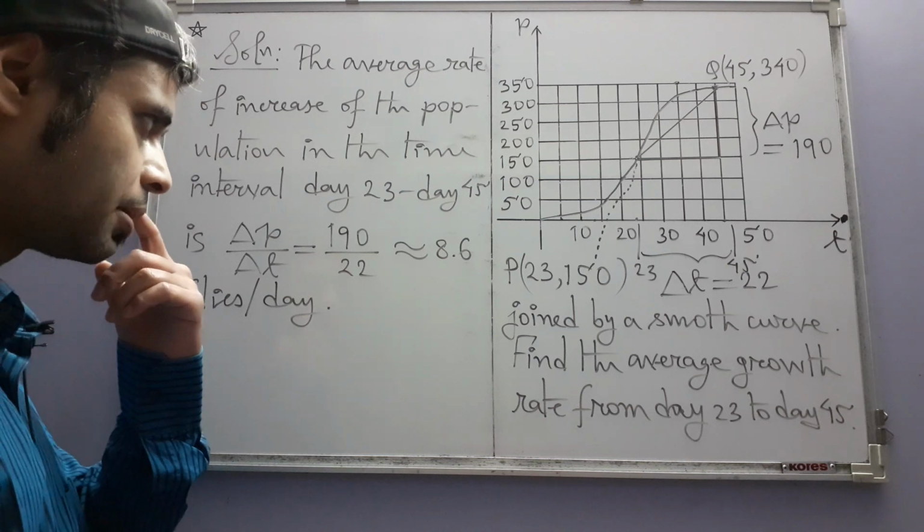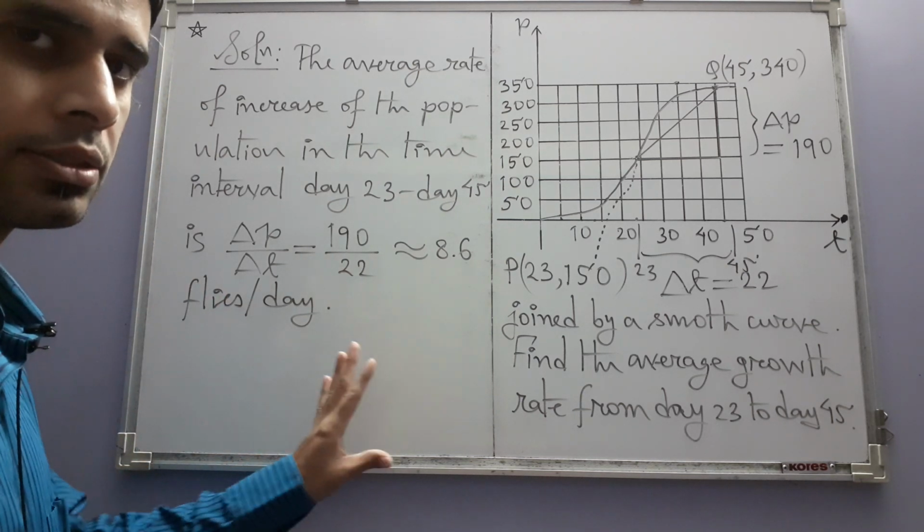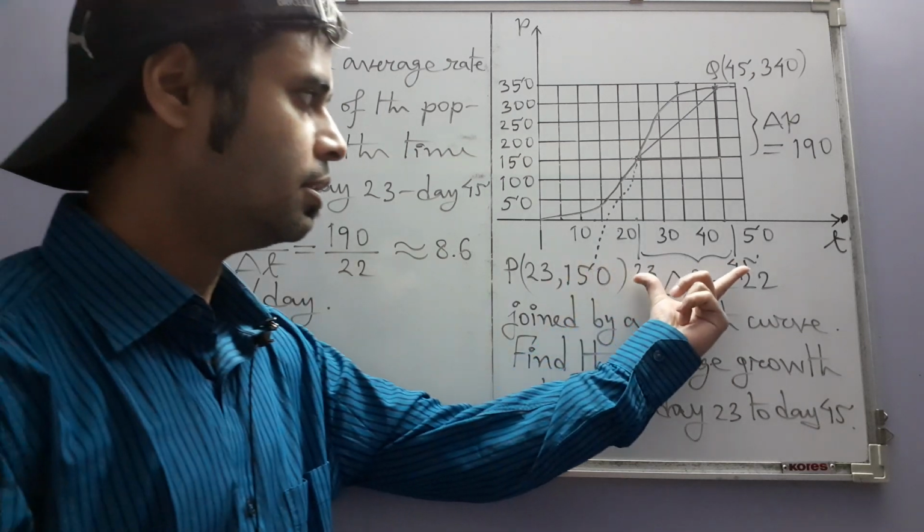So approximately 8.6 flies were being burned per day. That is the rate in this time interval.